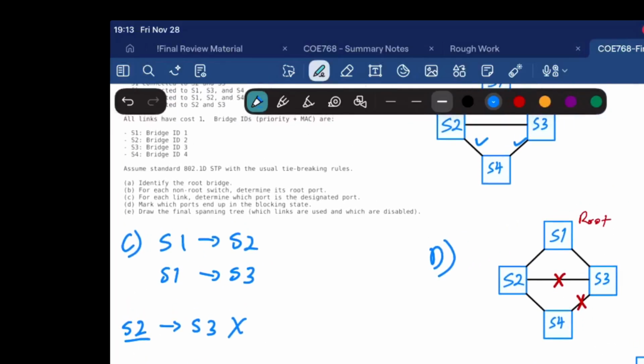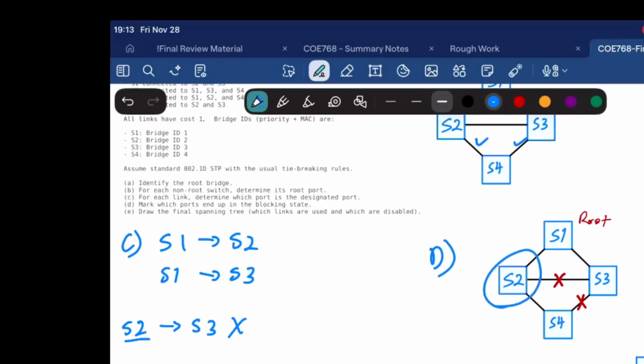Initially they're on because S4 can use S3 or S2 to go to S1, which is the root of the STP. But moving forward, as we did on the previous page, we decide which of the two has the lower priority or the lower MAC address.